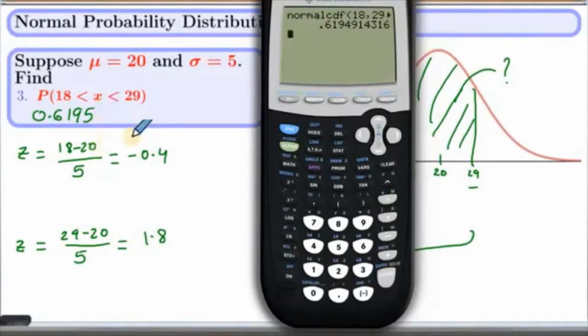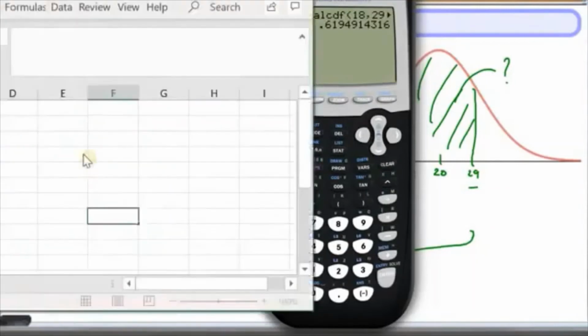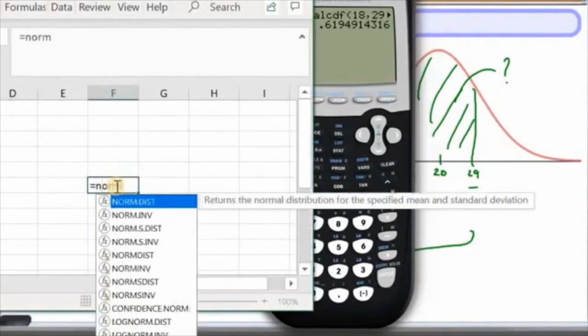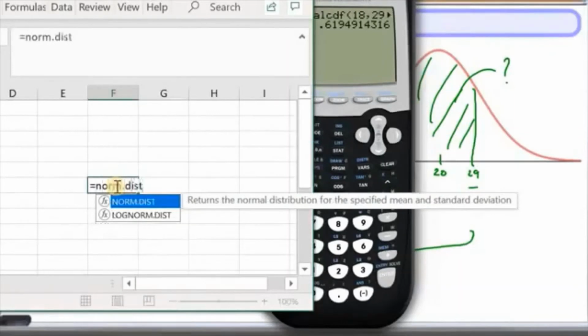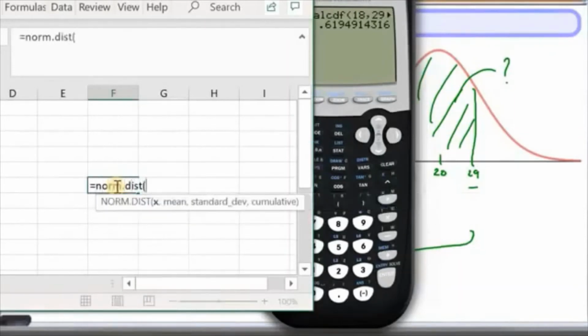Now, let me show you how to find this value here in Excel. So for that, we will do equals norm.dist, then put parentheses, our x. Let's try to find the area for 18 first.